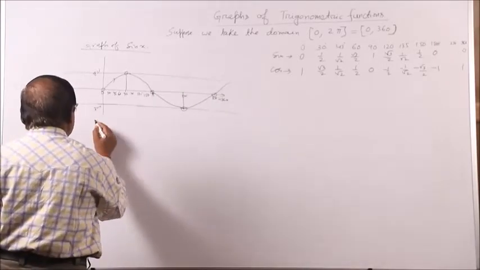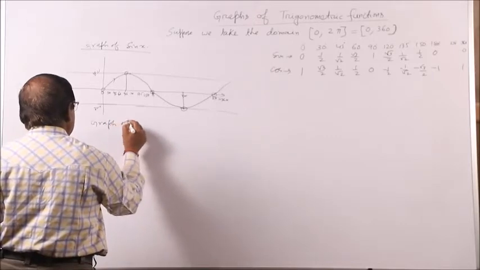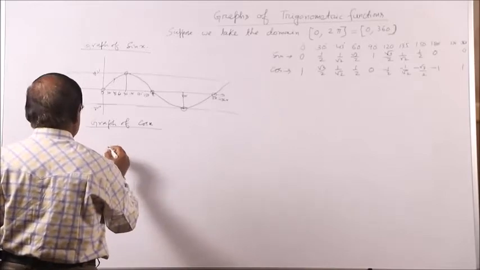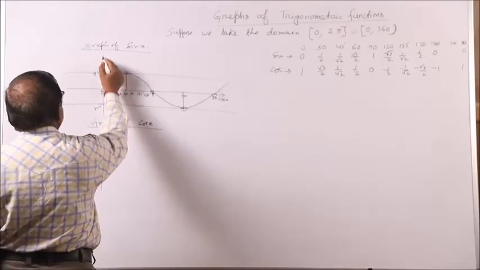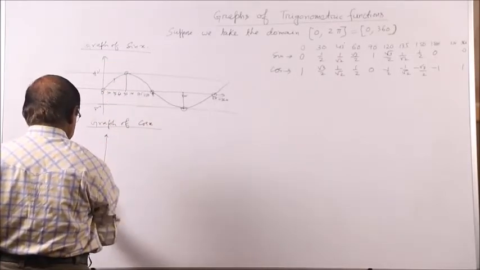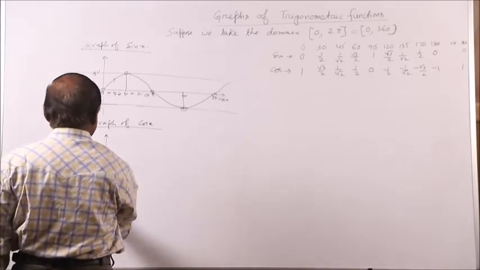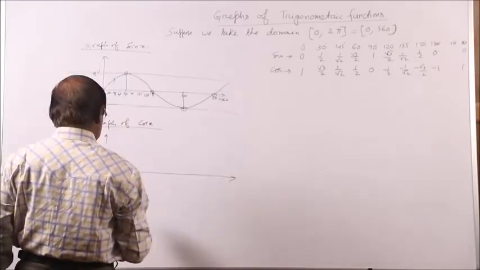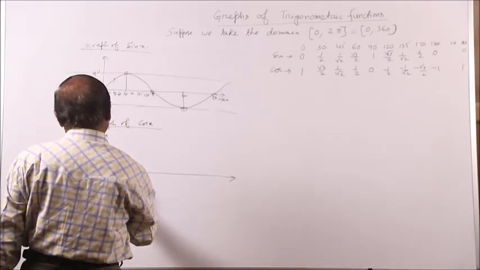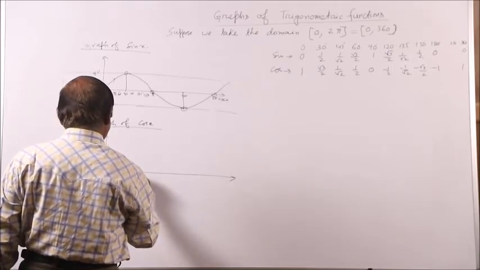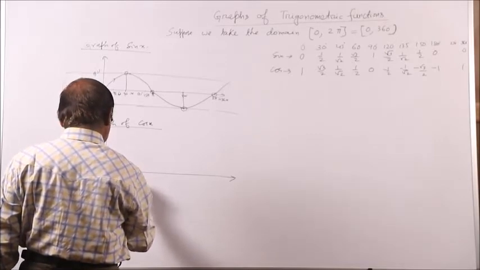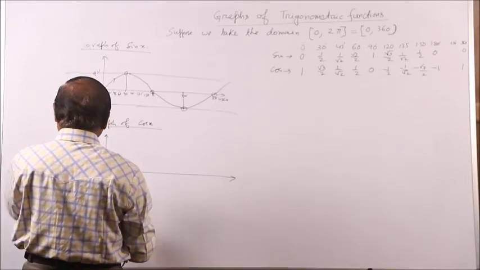The same table, what is the difference you see? Zero, see this is pi by 2, that is equal to 90.